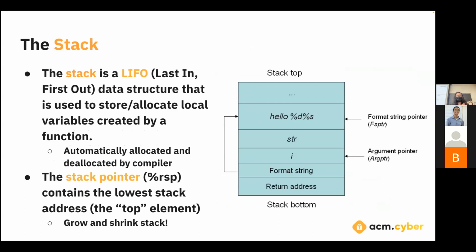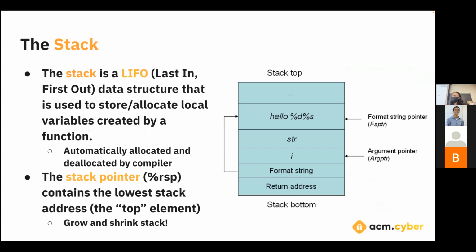So first, the stack. Just like you learned in CS32, the stack is a last in, first out data structure, sort of like a stack of plates, where the most recently added thing is going to be on the top. When you pop something off the stack, you'll access the most recently added one.